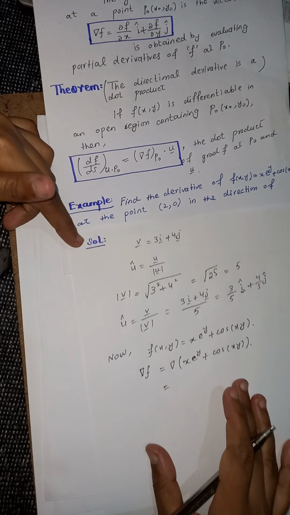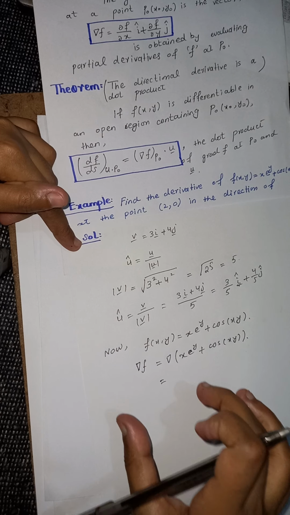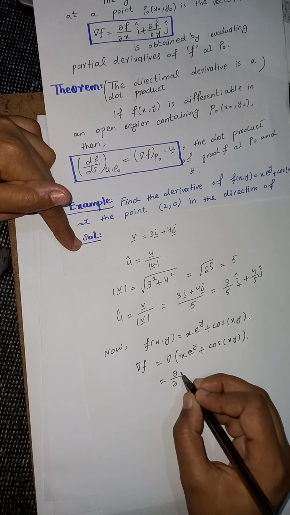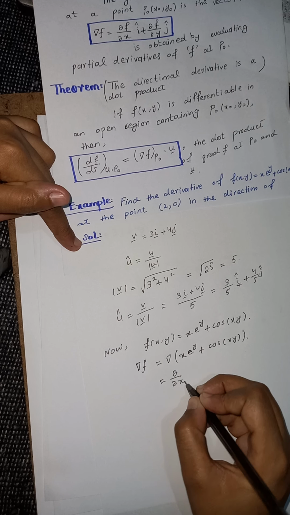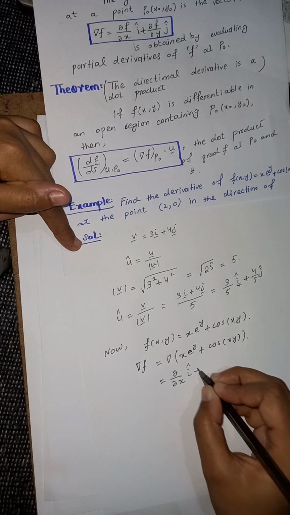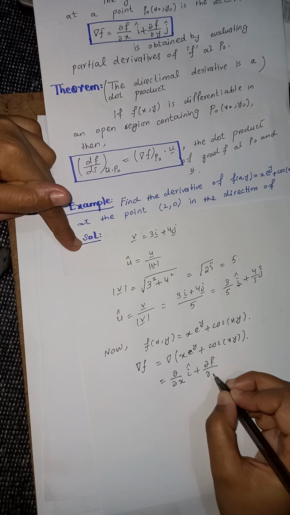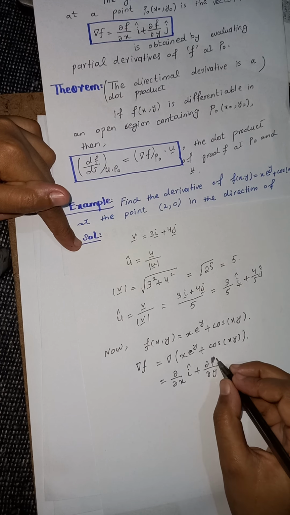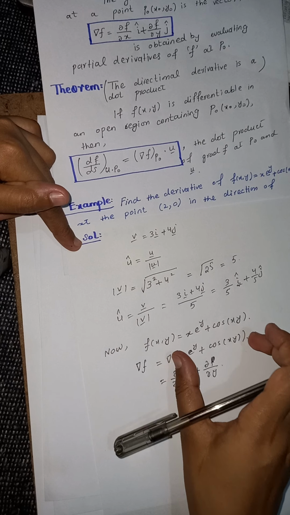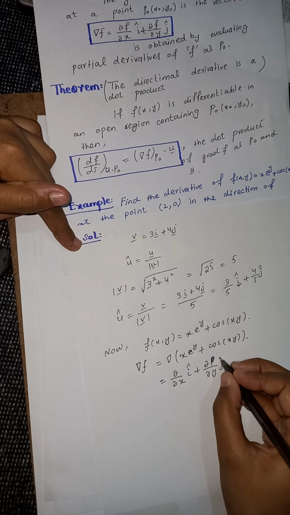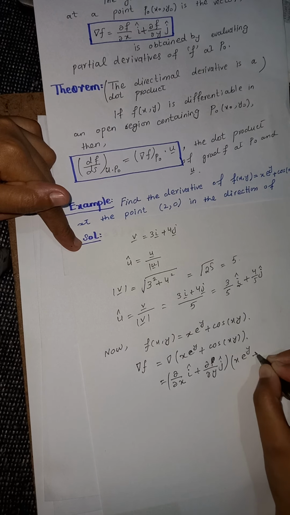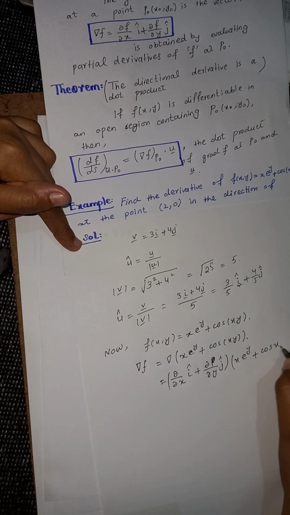And now you know the gradient definition says that you need to find the partial derivative, means partial by partial x i unit vector plus partial by partial y j vector. Sorry, I will not write here partial f, because now it is applied on our function, x e raised to power y plus cos of xy.